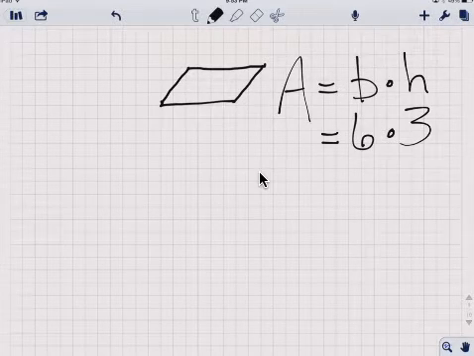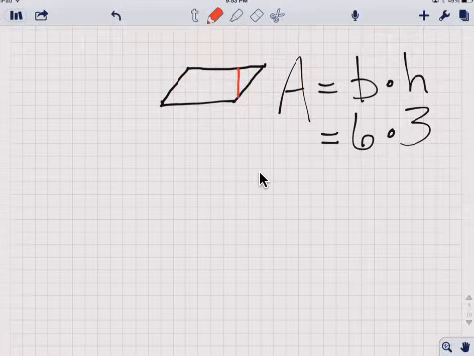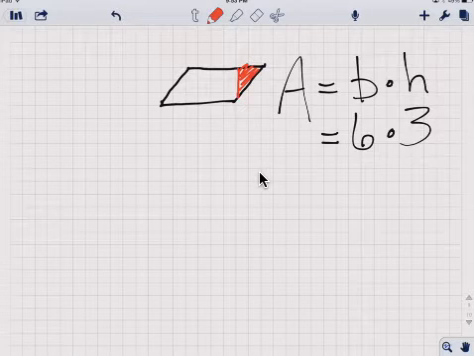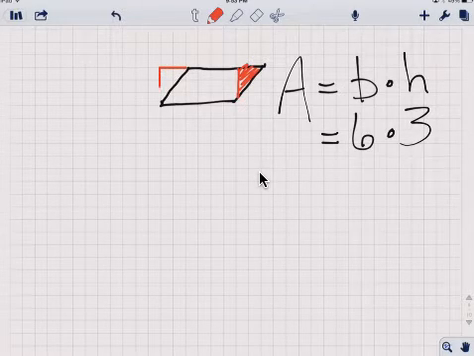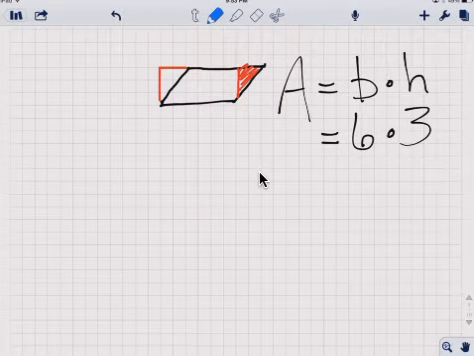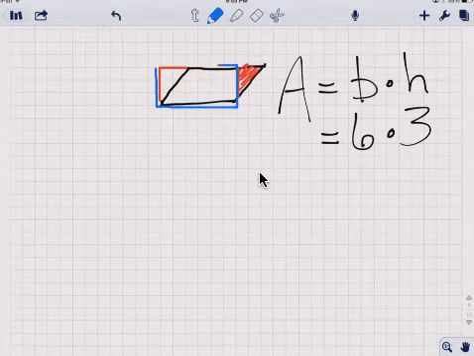Now the reason this works, guys, is once again, if you were to take this off right here, I'm going to shade this part in, and you put it over here, you would see that you now have a perfect, I'm going to highlight all this in blue, a perfect 3 tall, 6 across rectangle.